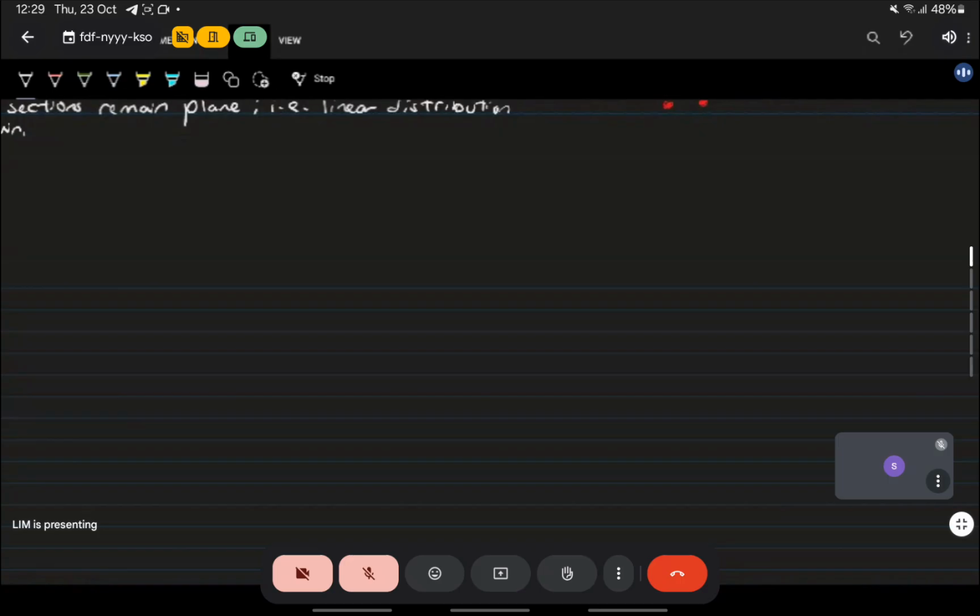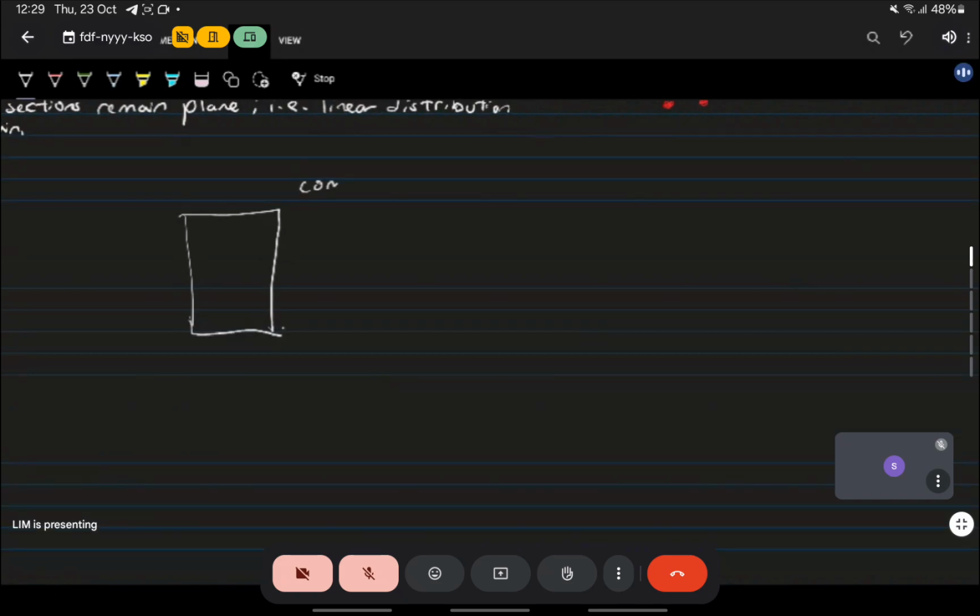So what is the neutral axis? You have your beam, and your beam is bending. When a beam goes into bending, I mentioned the top is in compression and the bottom is in tension. So you have to ask yourself the question: where does it change?